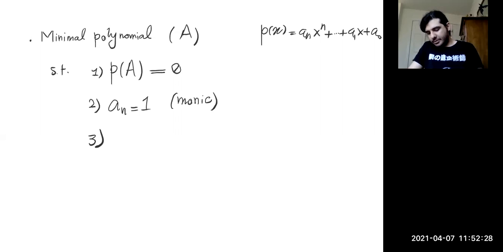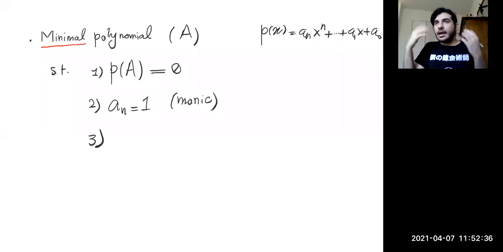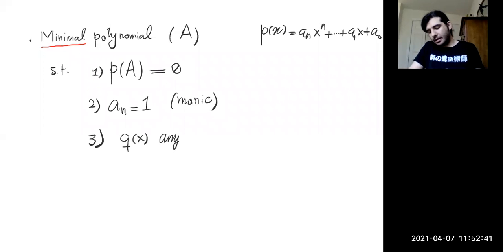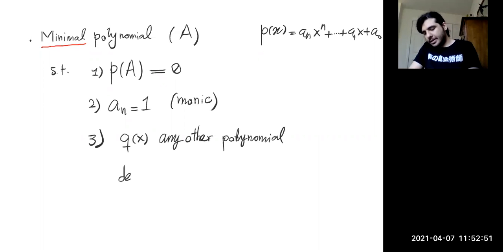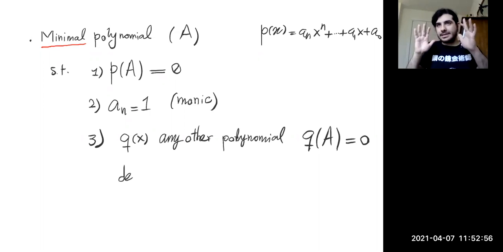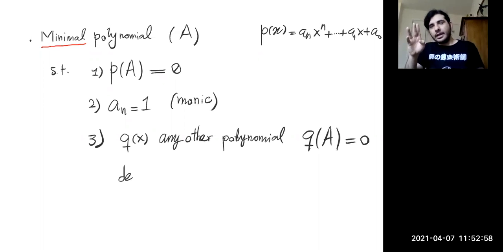The third property, which refers to this word minimal here, that's the reason why we call it minimal, is that if I find any other polynomial like q(x), any other polynomial such that A is also a root, if I plug in A into that polynomial, I would still get 0, then the degree of p is less or equal than the degree of q.